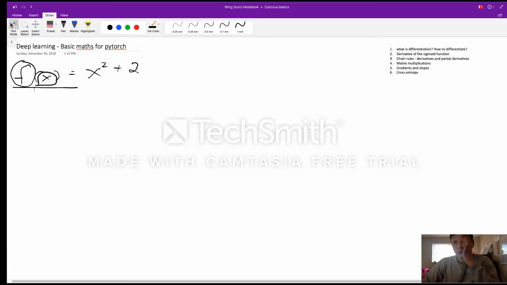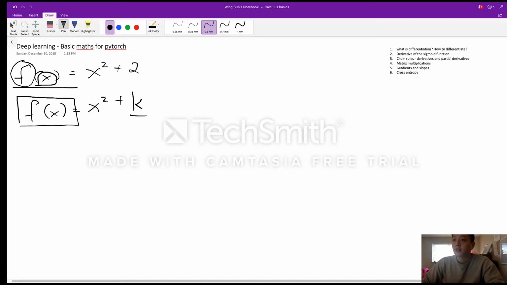The reason why I stress this is because notation is very important in calculus. If I have something like f of x is equal to x squared plus k, well, what is k? If they present the equation like this, that means k is a constant.